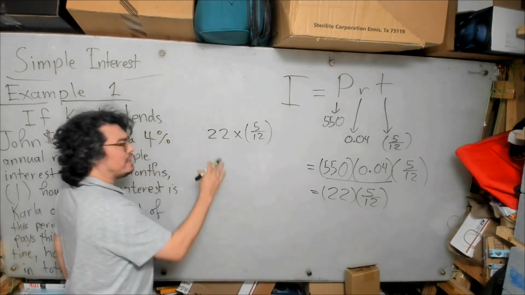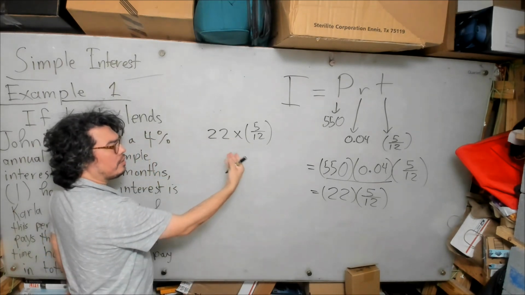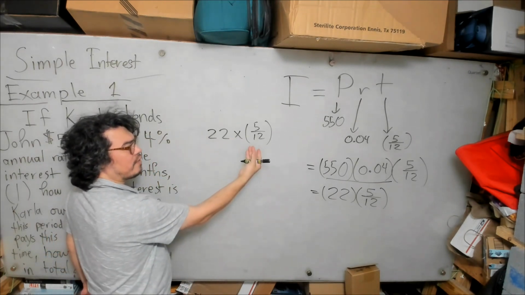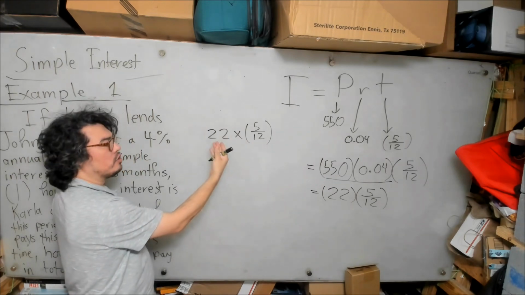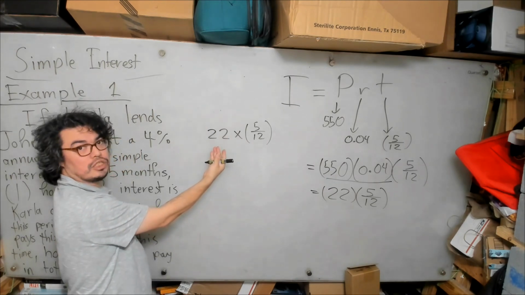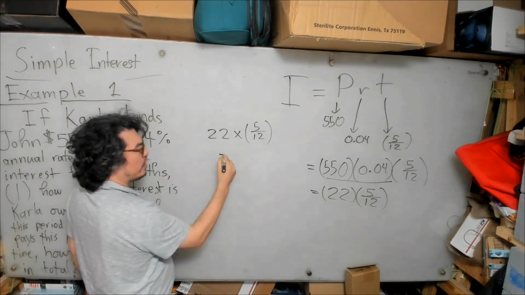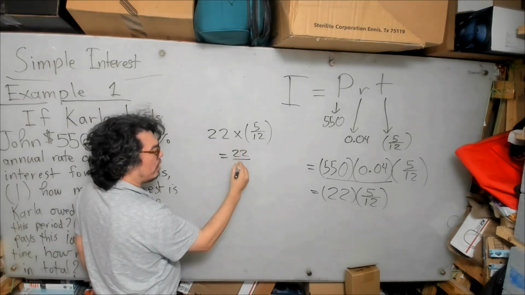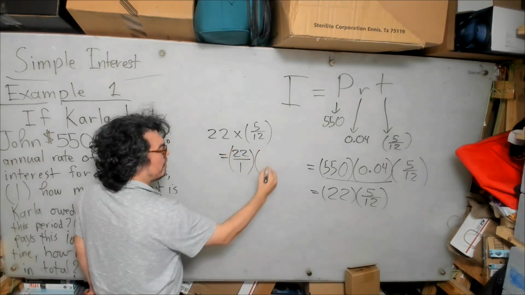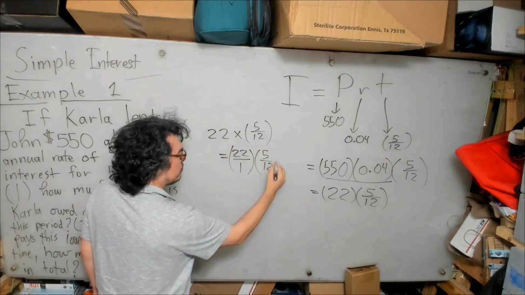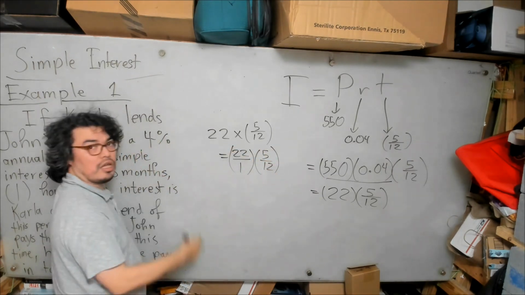Okay, so as I was saying, I want to multiply these two numbers. This is not a fraction, this is a fraction, so we can't do it directly. So we have to change the 22 into a fraction, and we can do that by setting it as the numerator and 1 as the denominator. So I can rewrite this as 22 over 1 times 5 over 12. Now here, there's a lot of things I could do.